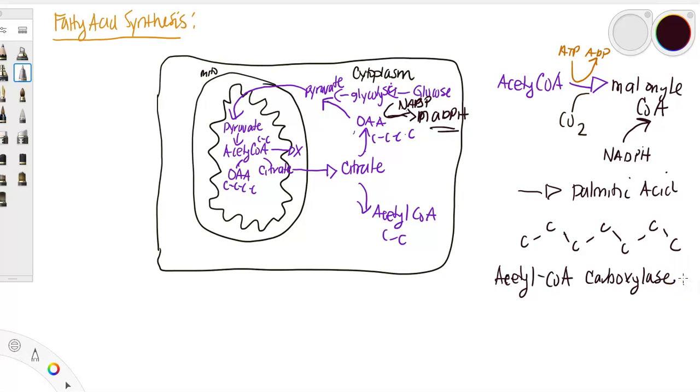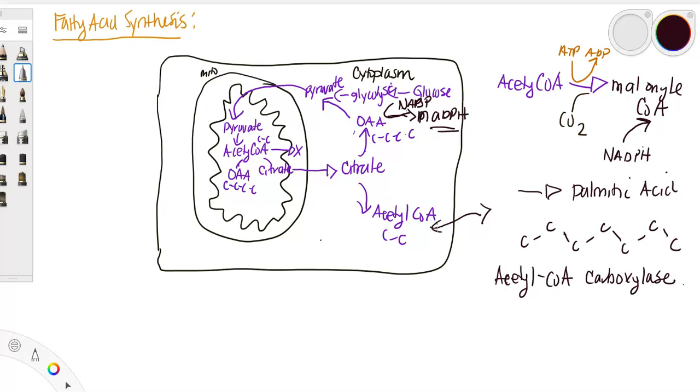So as long as you have the acetyl-CoA carboxylase, then we can make those fatty acids. We can make palmitic acid. All right, and that does occur in the cytoplasm. I didn't put it in here because I didn't have room, but that's what's occurring here, is that reaction there. So that is the making of fatty acids.